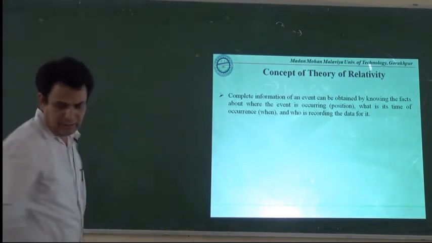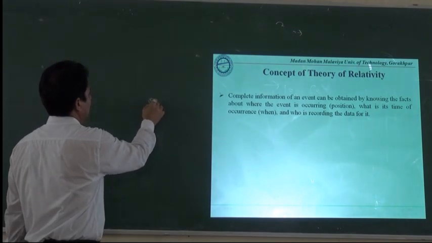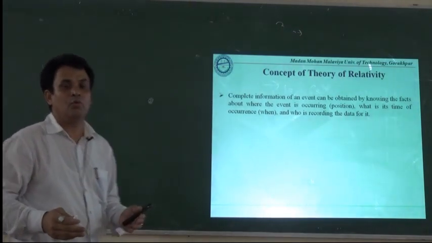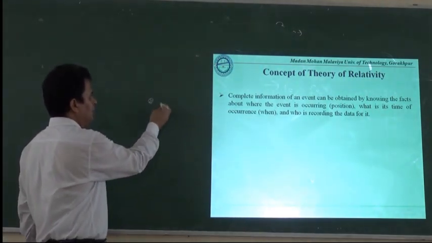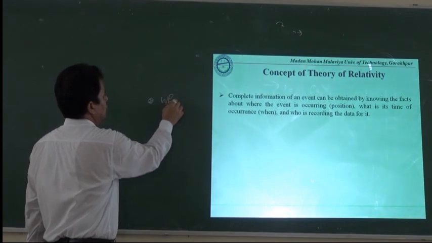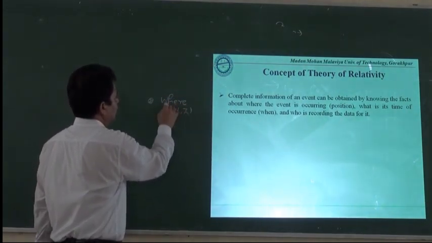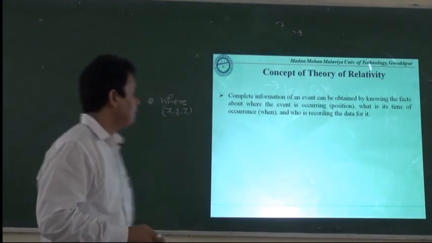For example, if we have a particular event occurring at a certain position, then anybody will ask where the event is occurring. This where refers to the x, y and z coordinates, that is, the space where the event is occurring.